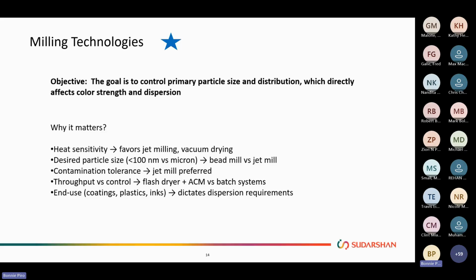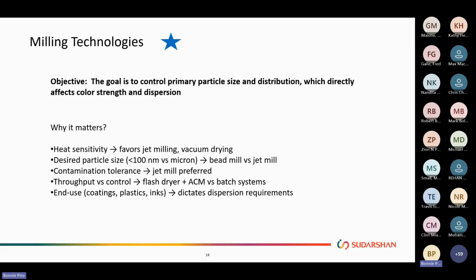Also, from a production perspective, we always have to go through that throughput and control balance, just as you have to balance all of your properties and outputs. We too have to balance our throughput and the control and quality that we input into each of those.